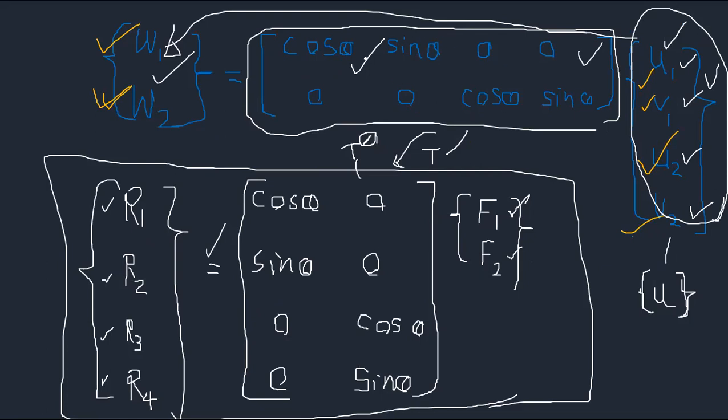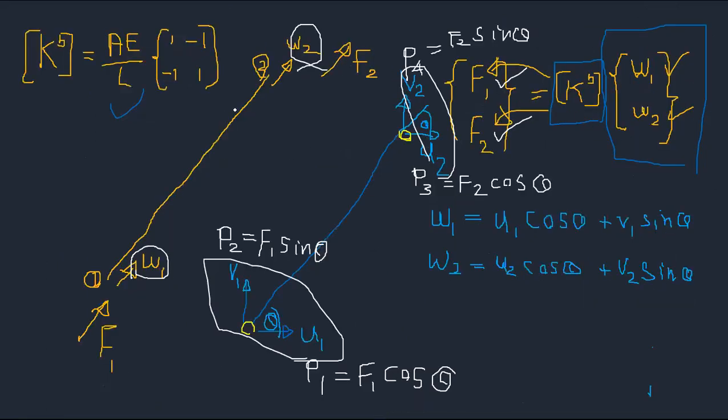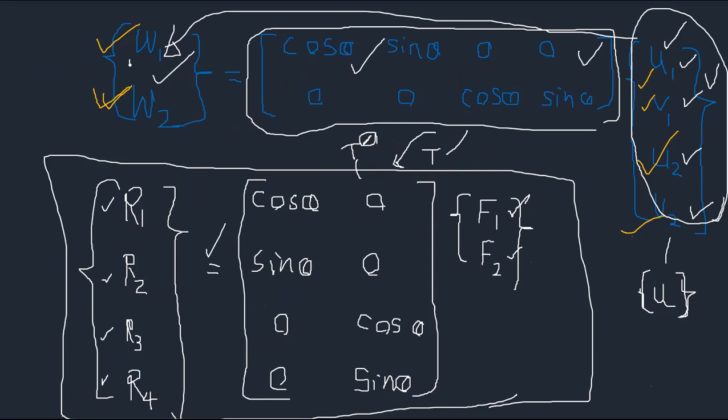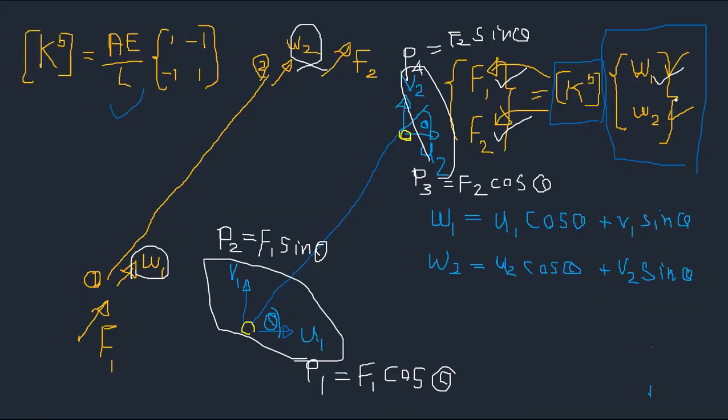When you can transform it to axial direction displacements, right? So W1 is U1 cos theta plus V1 sin theta. W2 is U2 cos theta plus V2 sin theta. What we are actually doing is we use matrix to simplify this. It's a bit standard, right? So when you know W1, W2, since you know this matrix AE over L, it is not going to change, and you can find whether it is positive or negative, so the tension or compression, right?